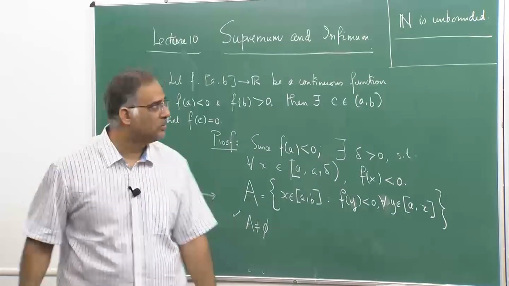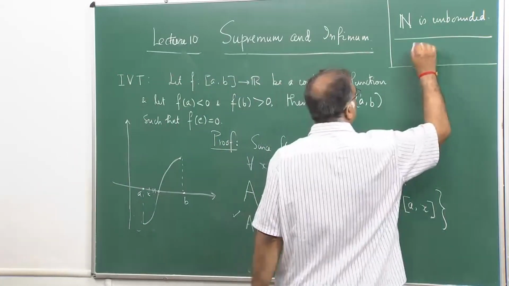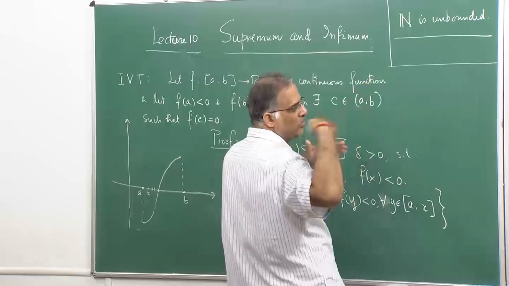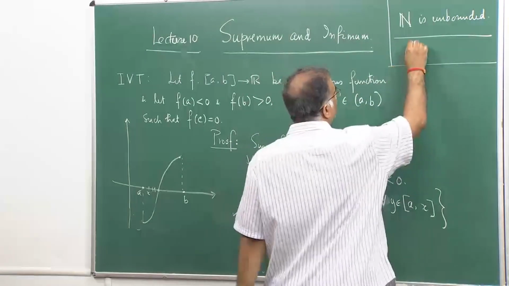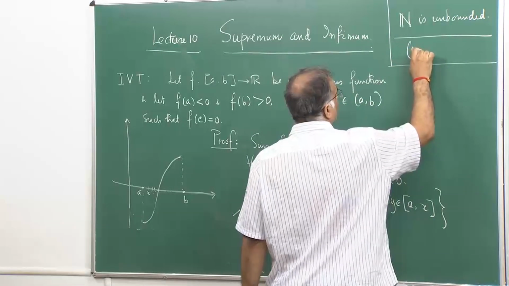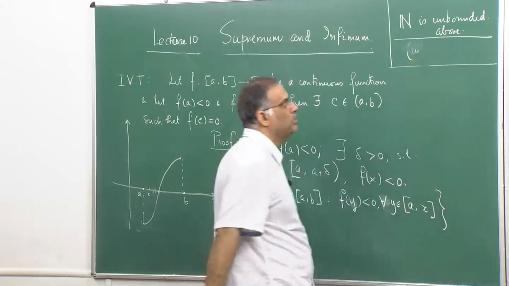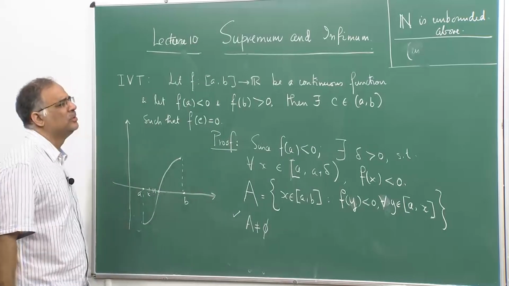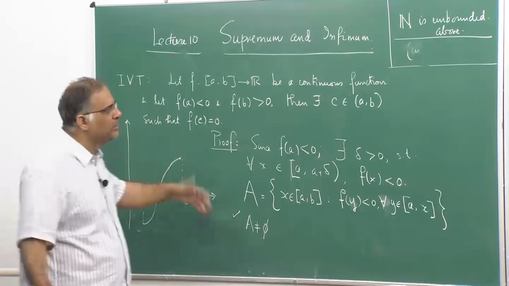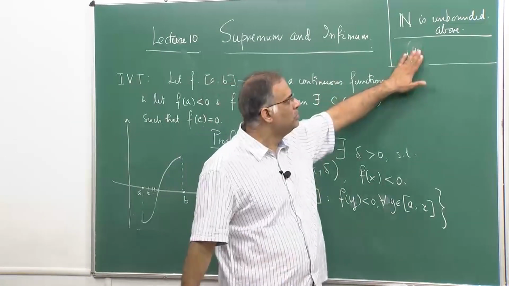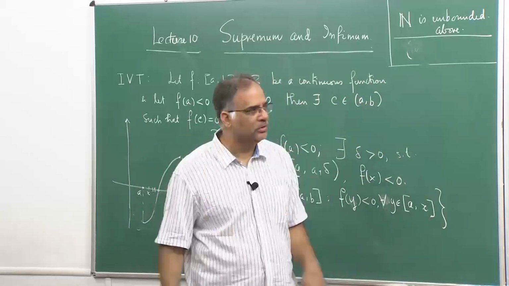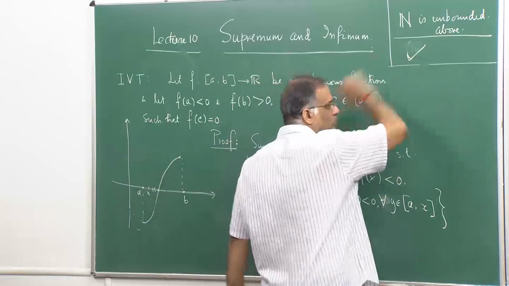So it is not bounded, it is unbounded. Unbounded means one of the sides is unbounded, so it is unbounded above maybe. There is no supremum. So, assume that there is a supremum and show some contradiction. That can be your coffee time job.